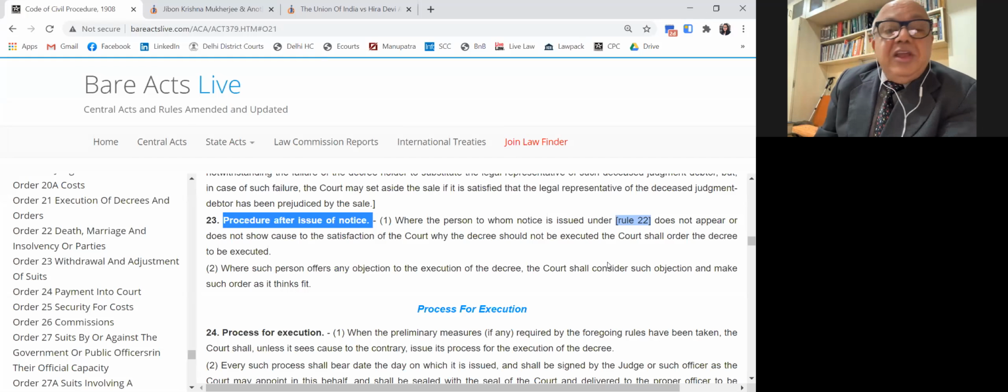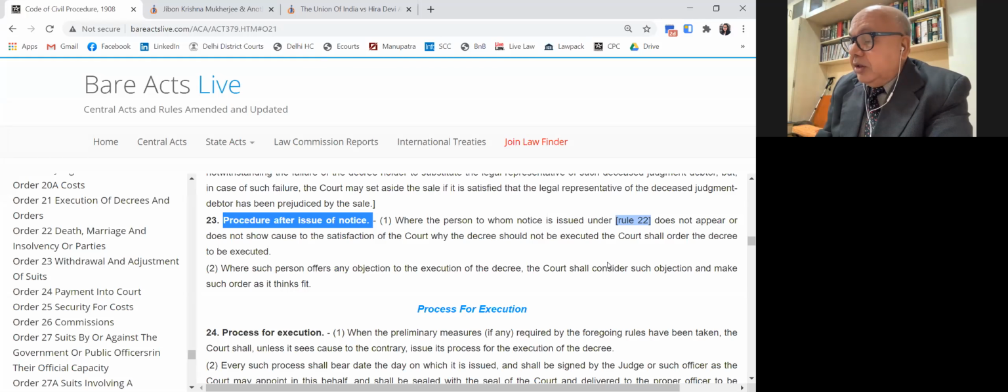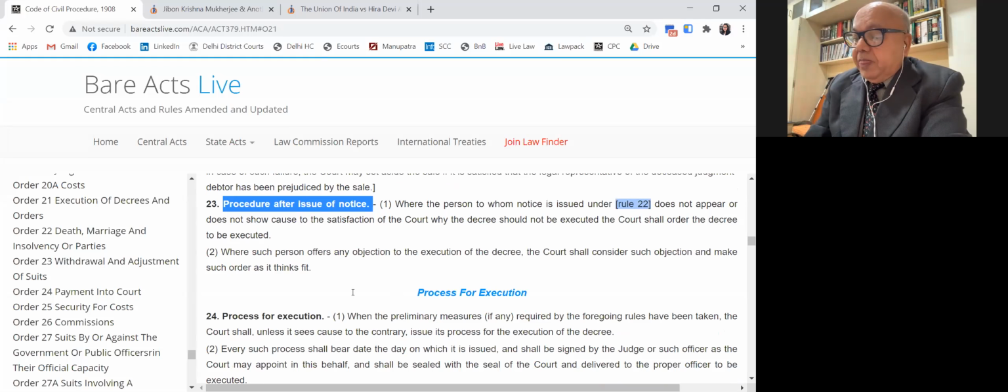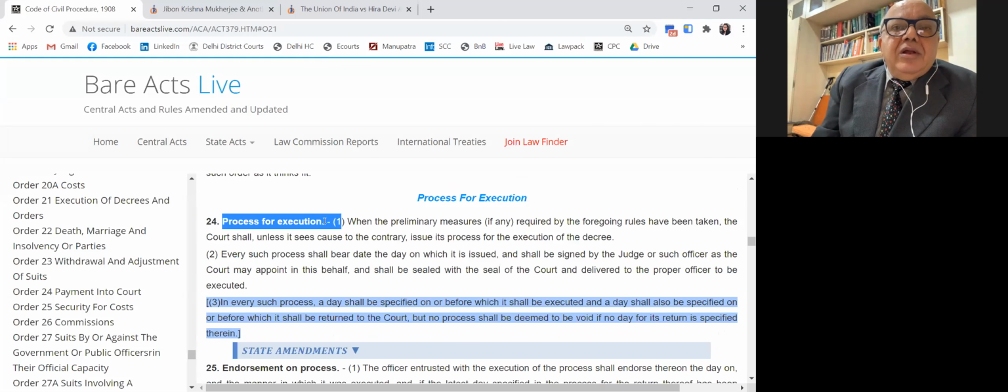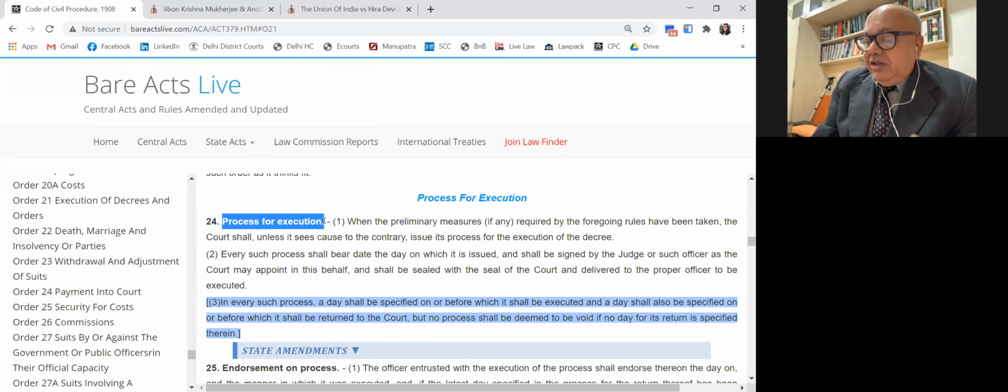Then after hearing both the parties under Order 21, Rule 24, the court issues process of the execution. देखिए, process. Issues process. Yes, the decree can go ahead. That means fit for execution. The court has rejected and repelled the submissions of the judgment debtor.